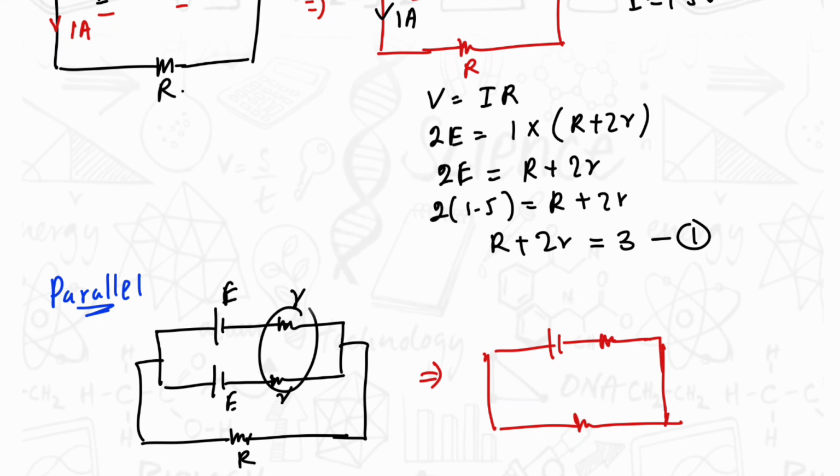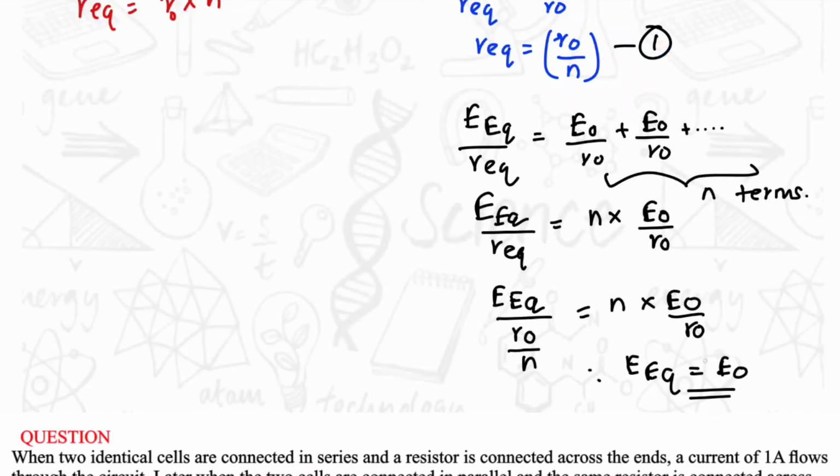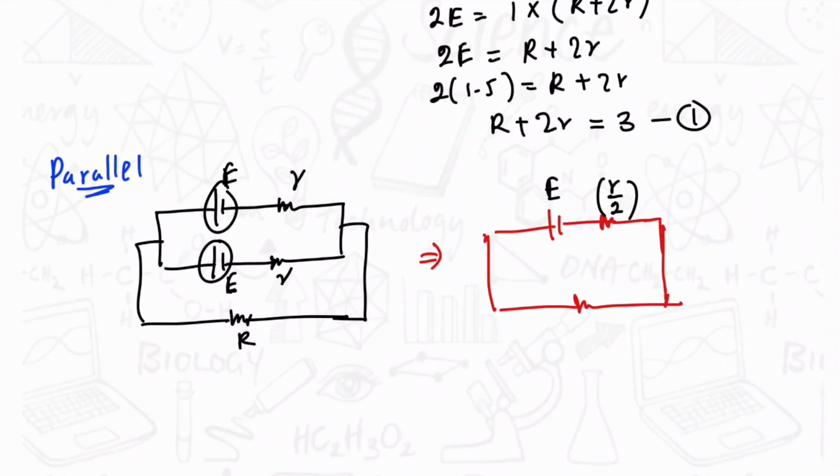Since these two resistors are in parallel, it will be r over 2, and the equivalent EMF value of these two cells will be E, because they have the same magnitude, and previously we proved that, right? And this will be R. The current will be 0.6 ampere.